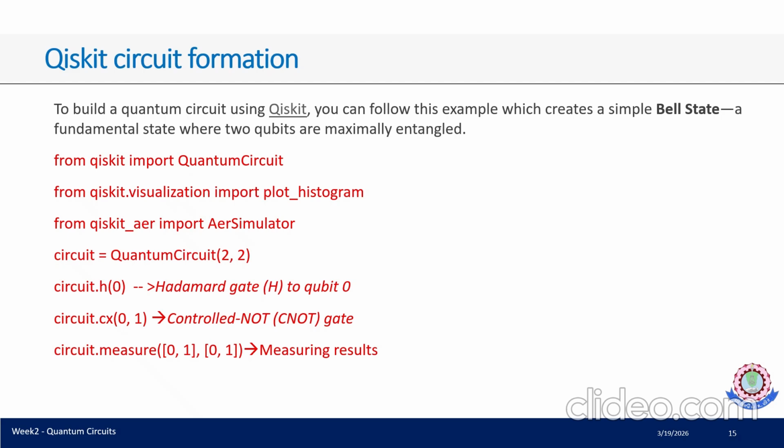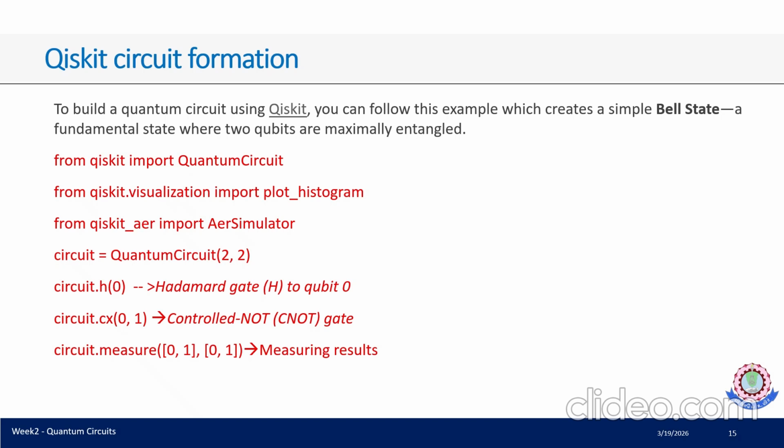Then circuit.cx applies the controlled NOT gate, entangling qubit 0, the control, with the target qubit, which creates the maximally entangled Bell state. Measure stores the results in classical bits 0 and 1. The purpose is to demonstrate a Bell state where two qubits are maximally entangled. It is a fundamental example in quantum computing for exploring superposition and entanglement.